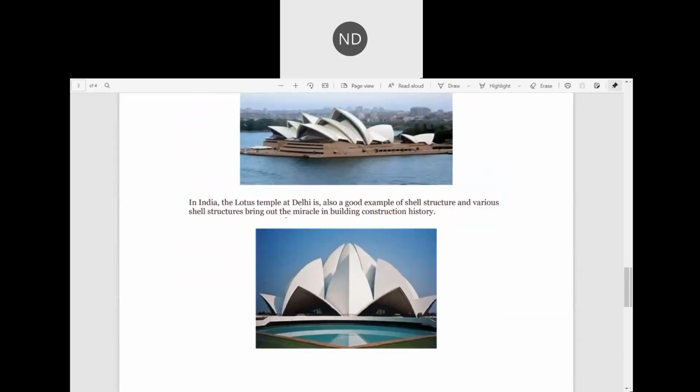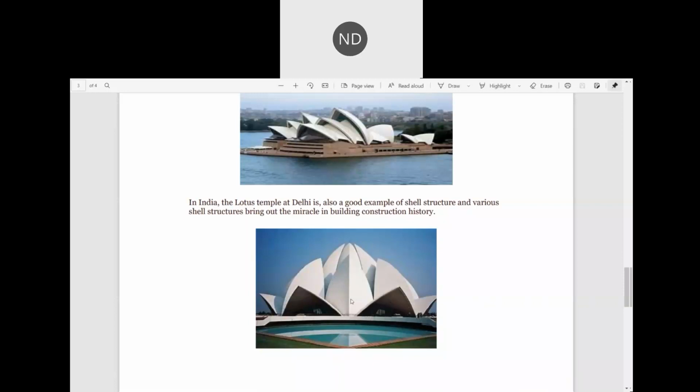Another one in India is the Lotus Temple at Delhi, also a good example of a shell structure. These are the shells, made up of different shells. The shells can be of this shape, which in the inward side is moving upward, bending on the center.